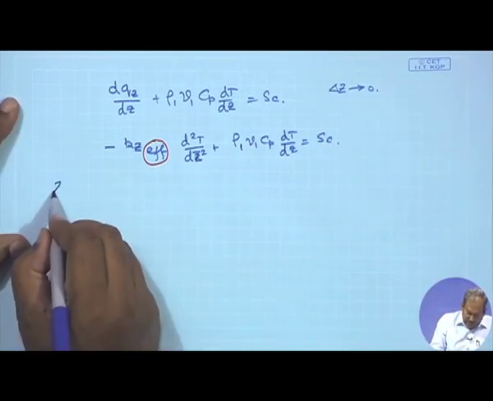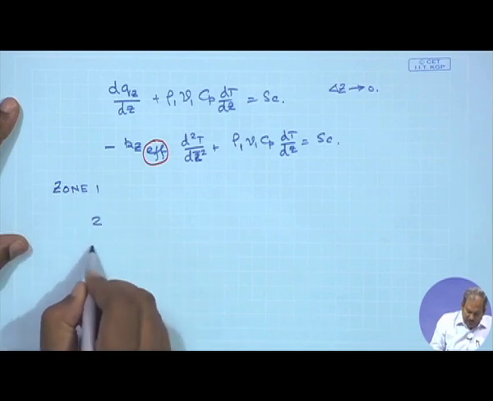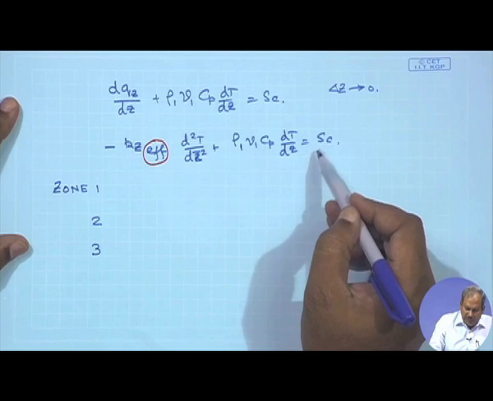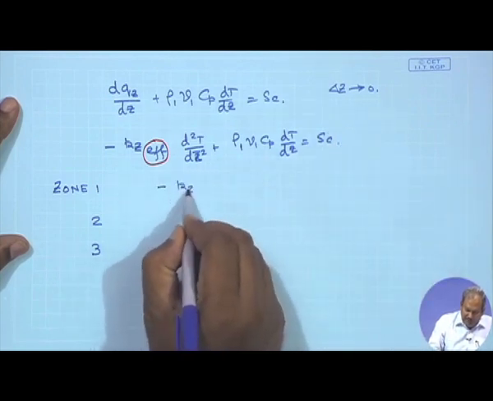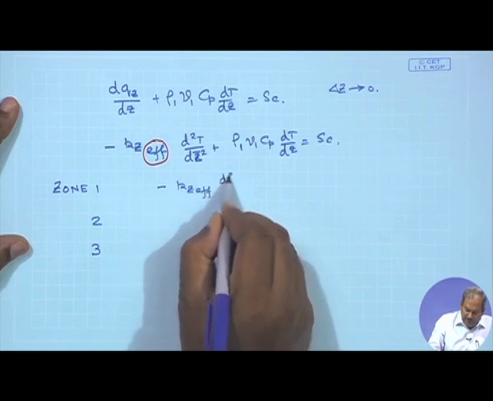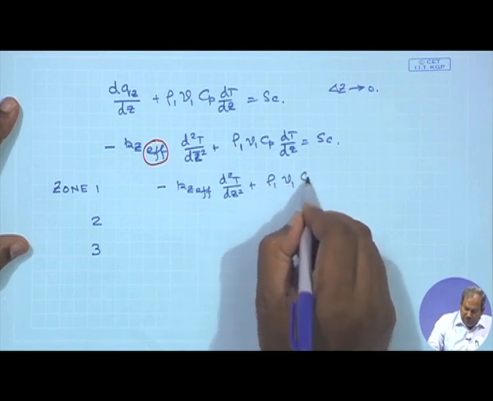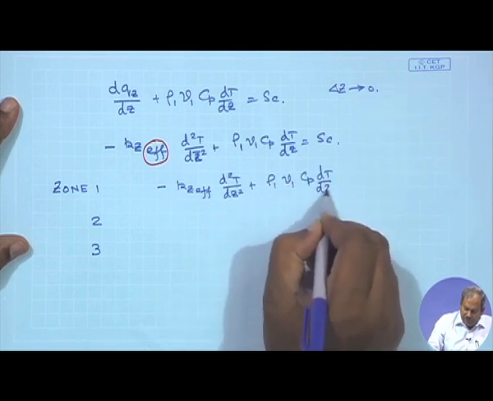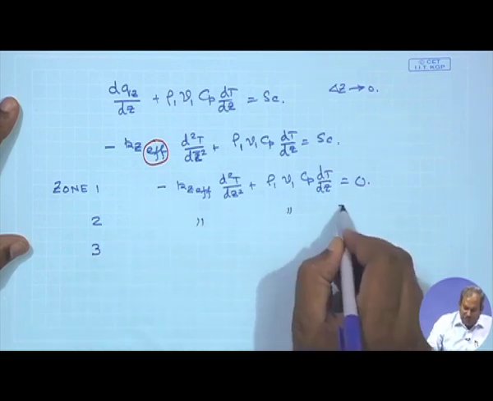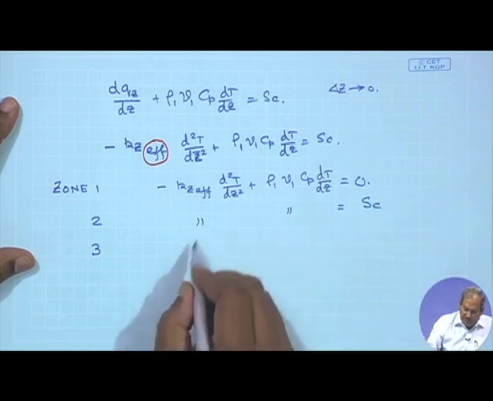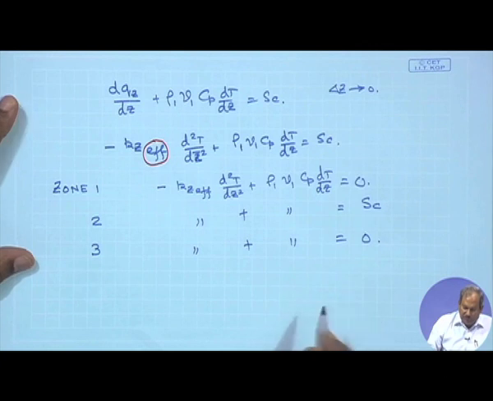The equation will be of different form in zone 1, 2 and 3. In zone 1, there would not be any heat generation term. So, it would simply be minus kz effective d2T dz square plus rho 1 v1 cp times dT dz is equal to 0. In zone 2, these two terms would be there, but this would be equal to Sc. In zone 3, the sum of these two would be equal to 0.